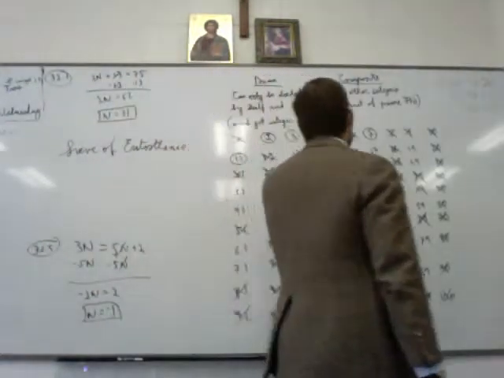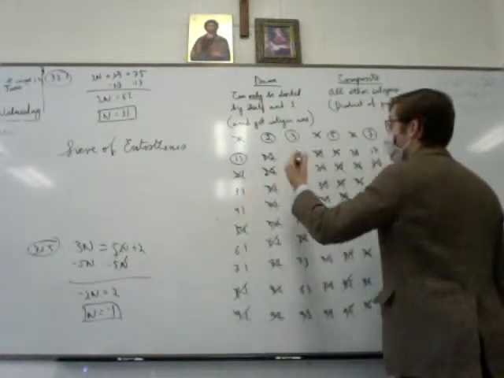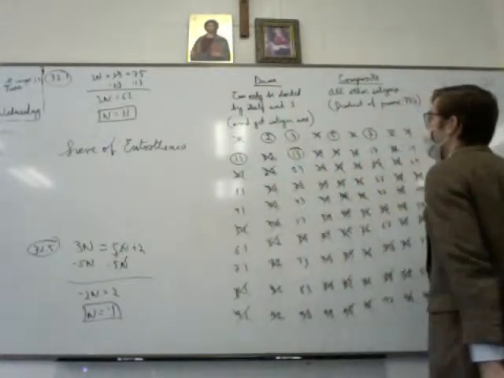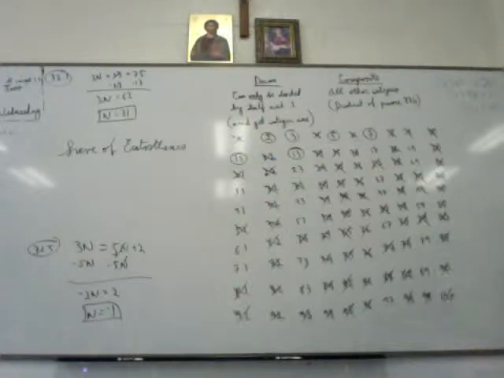All right, is 13 prime? It should be. We haven't eliminated it yet. What's the next multiple of 13? 26, already out. 39, already out.